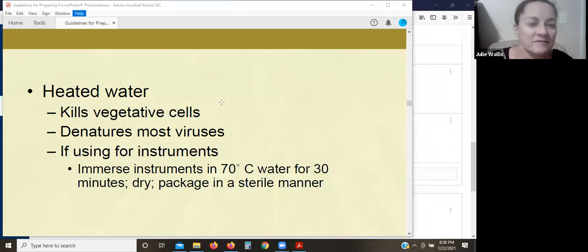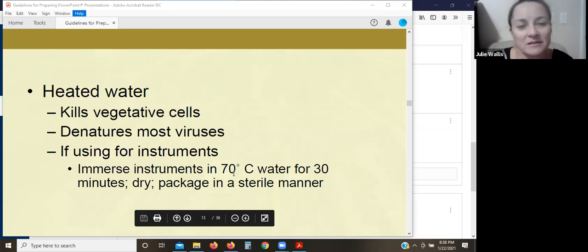Heated water kills vegetative cells and denatures most viruses. If somebody's using this on an instrument, it needs to be immersed in 70 degree water for at least 30 minutes and then dried and packaged in a sterile manner.